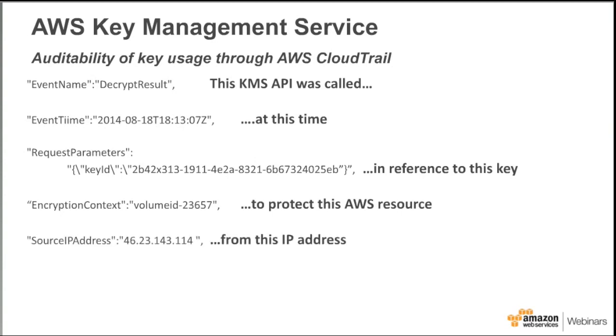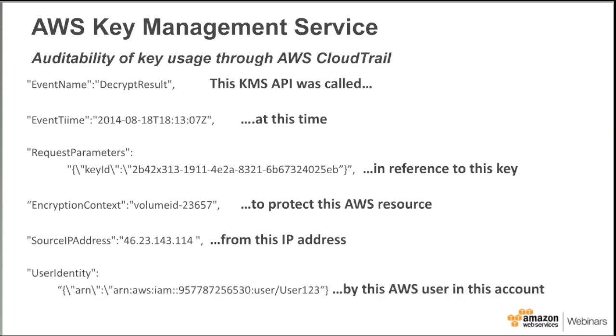You'll see the request for this decrypt API came from this IP address, and the AWS identity was this user 123 under this account. So this answers all the major questions that you need to know about why keys were used, when they were used, and for what purpose.